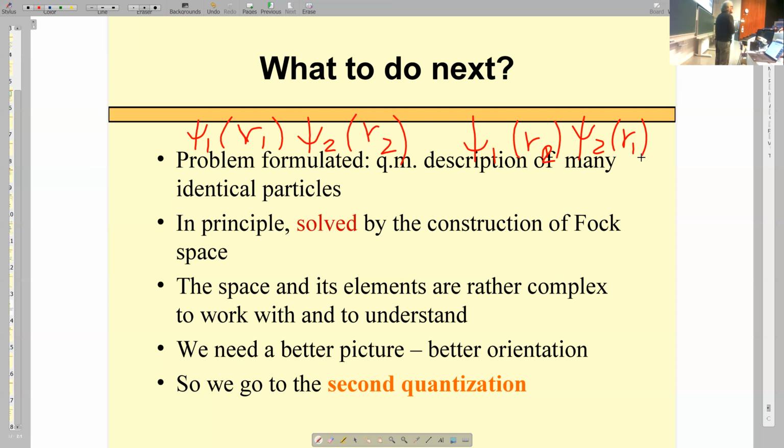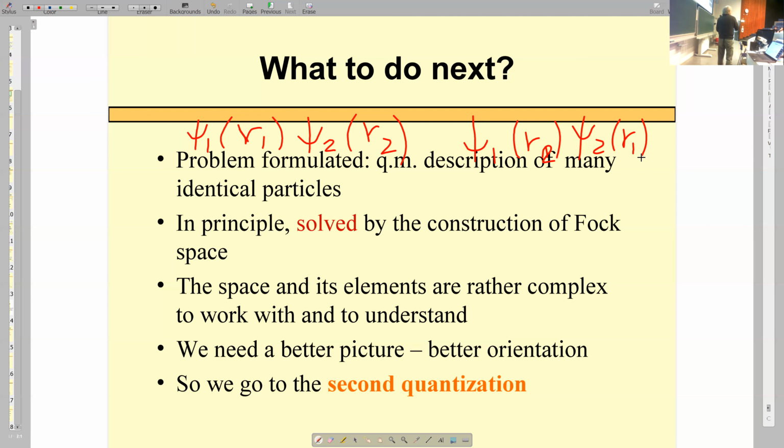Who can help me? Yes? Inner product, that's why? That's right. So why is this inner product zero? Right, precisely.